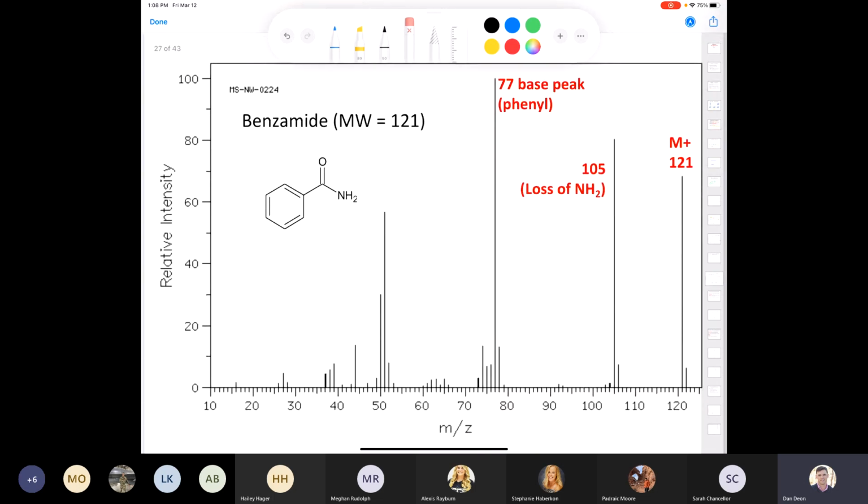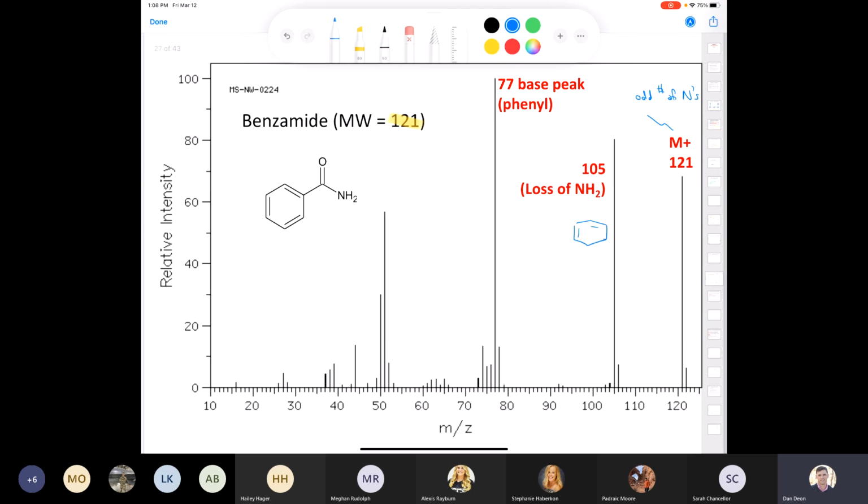This is benzamide. So this is the primary amide analog of benzoic acid. Anyhow, if we look at the molecular formula of benzamide, you see it's got a molecular weight of 121, so it's got an odd mass. So right away, you'd write down the nitrogen rule. You'd say odd number of nitrogens, like that. Again, it's a primary amide, so you see the loss of the NH2 group, which would produce what?